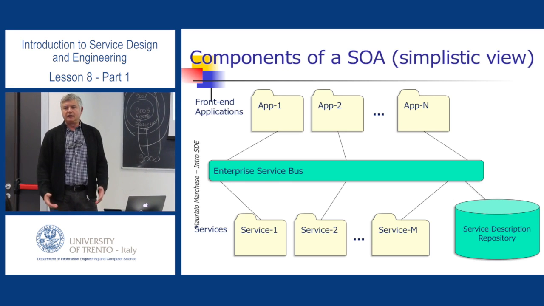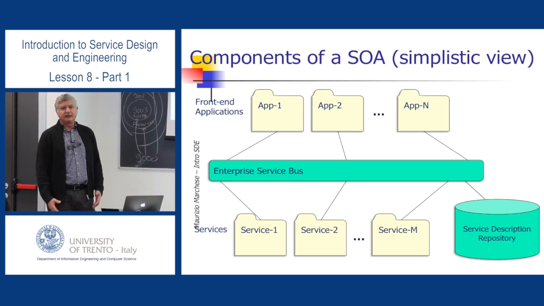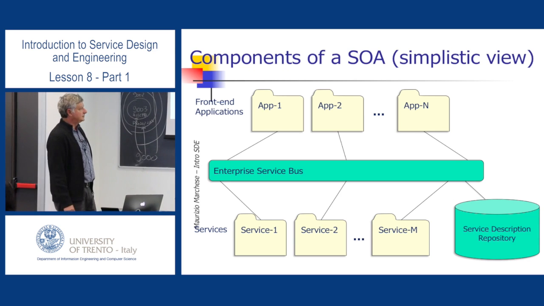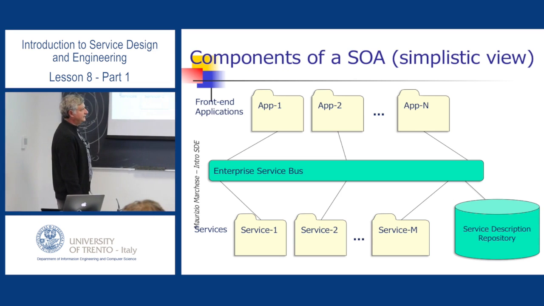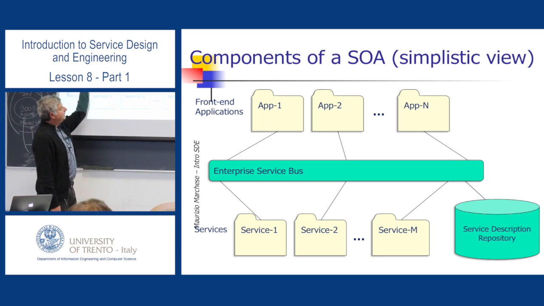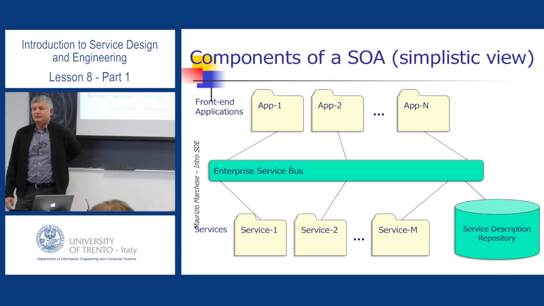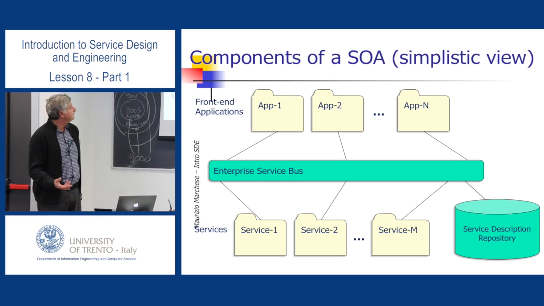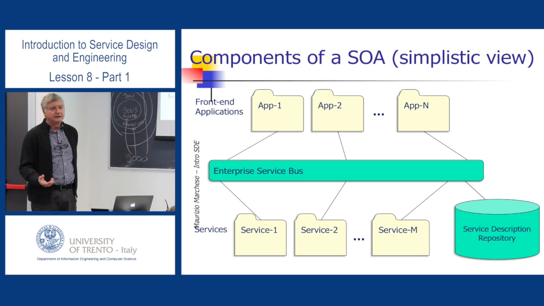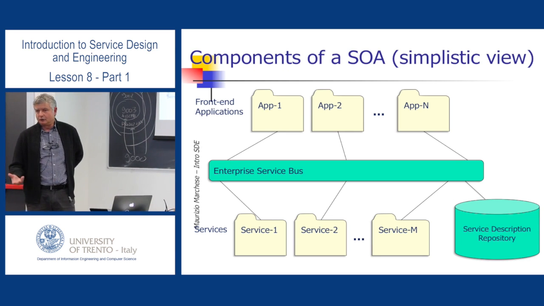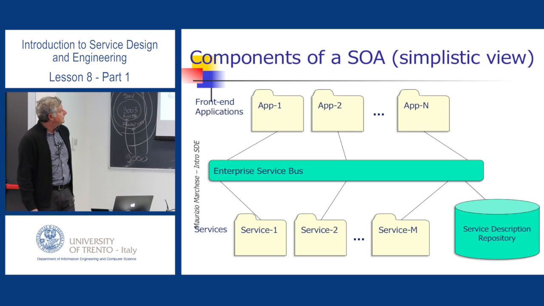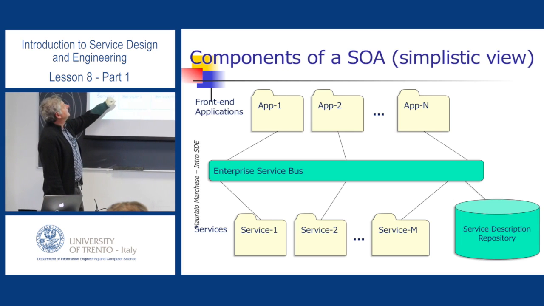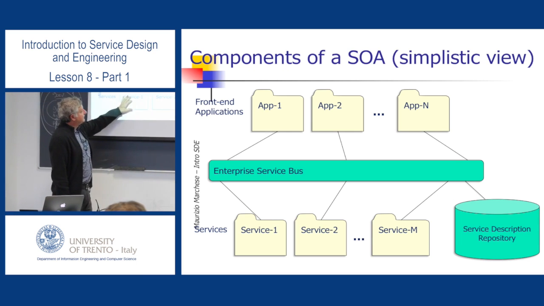It can be a more standardized one like UDDI, but also in the case of REST services, you must have somewhere the documentation about the interface and the APIs. At the top level, there are a number of applications that use some or all of these services, depending on the kind of application. So these are the components of the architecture.